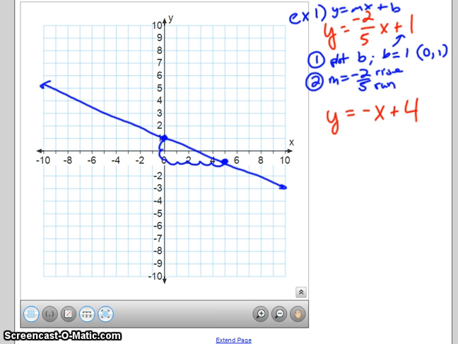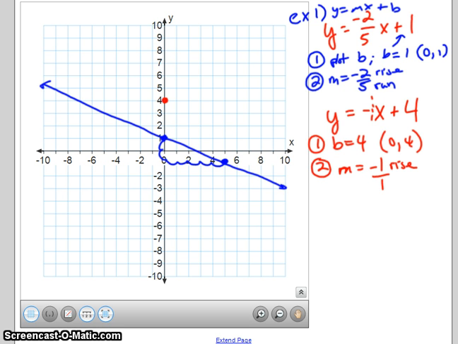For the second graph, we have a slope and a y-intercept, which is 4. So we go to (0, 4). And the slope is negative 1, or negative 1 over 1.